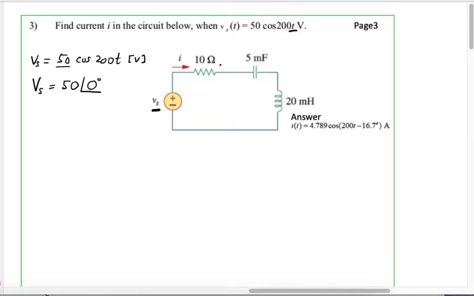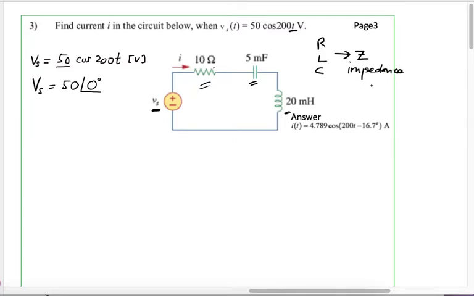Next, you need to represent all these components, all these loads, in the frequency domain as well. This is our resistance, the resistor has a resistance value, the capacitor has capacitance, and the inductor has inductance value. So we're going to change all this into one common unit, and that is impedance.